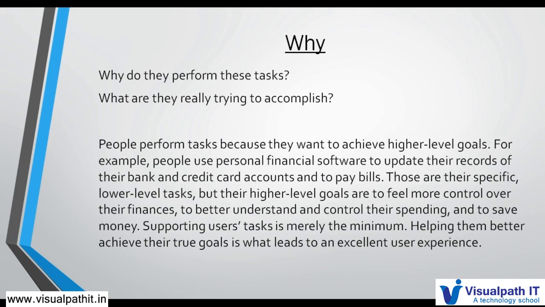For example, people use personal finance software to update their records of their bank and credit card accounts and to pay bills. Those are their specific lower level tasks, but their higher level goals are to feel more control over their finances, to better understand and control their spending, and to save money.